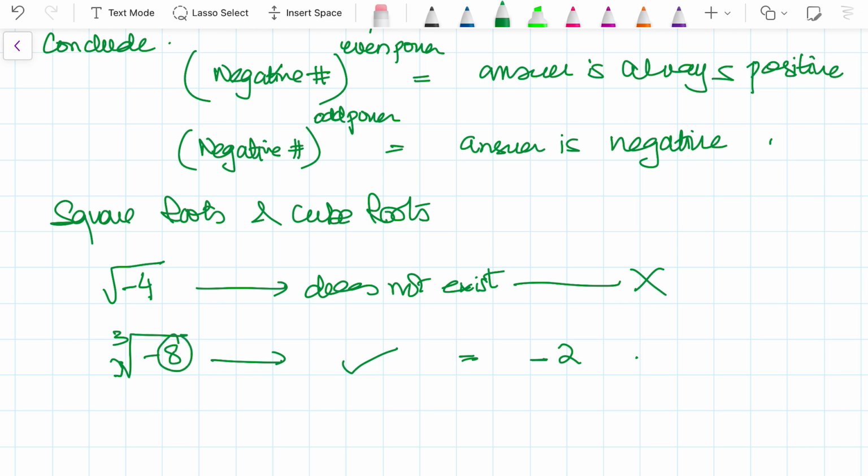Because you know 8 is the cube of 2, so the cube root will become a 2. There's a minus sign, so it will become a minus 2. The cube root of minus 64 means the cube root of 64 is a 4, and a minus 4 because there's a minus inside. Alright, now let's take a couple of questions.